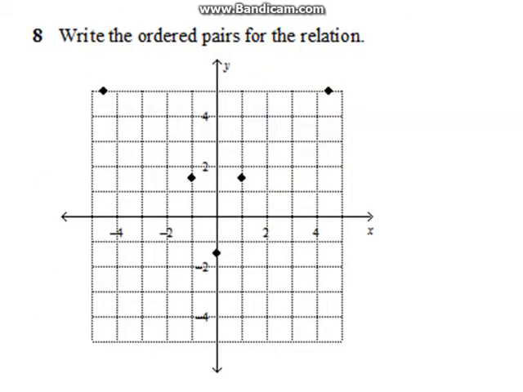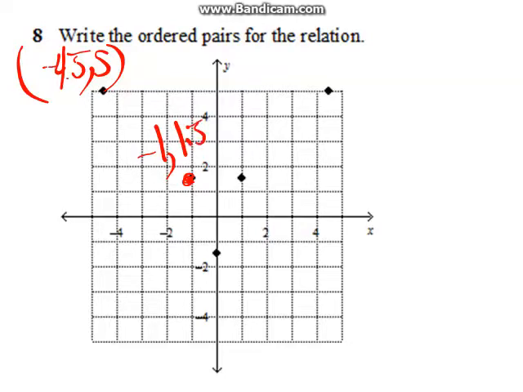Write the ordered pairs for the relation. Okay, for the first one, we want to get the x and y coordinates of each point on here. I'll start with the left and move to the right. So the first one, our x value is -4.5, and our y value is 5. Okay, for this point here, it looks like our x value is -1, and our y value is +1.5.